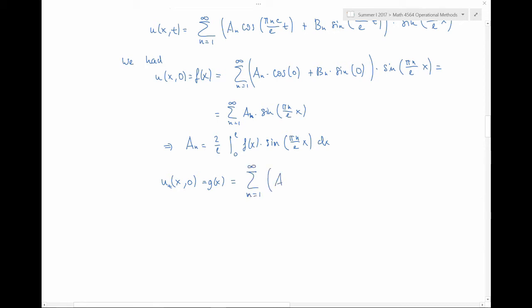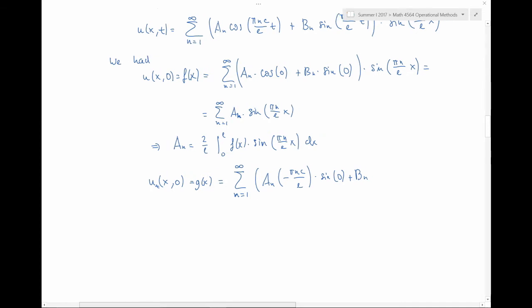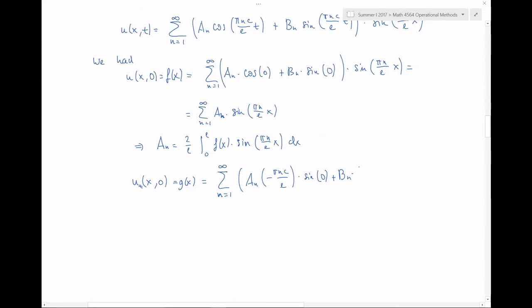We have a_n times minus pi n c over L times sine of 0, plus b_n times pi n c over L times cosine of 0, all multiplied by sine of pi n over L x.